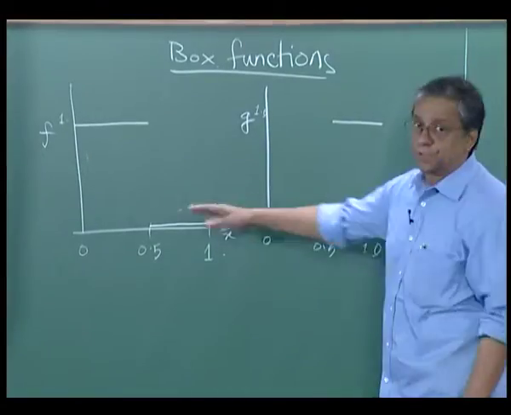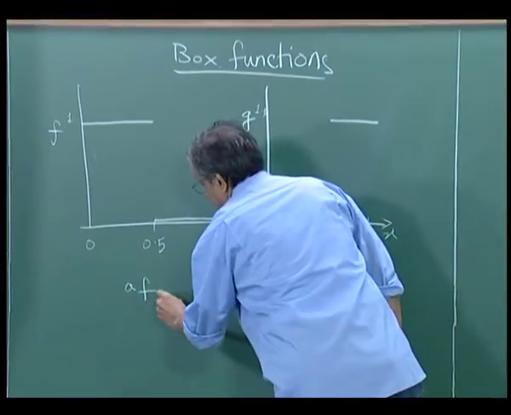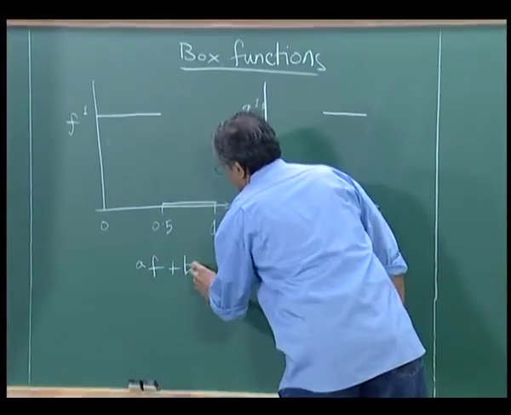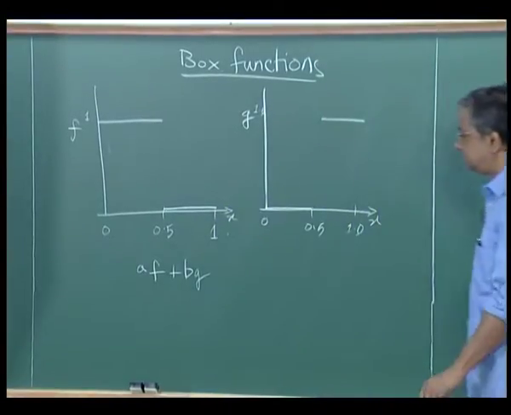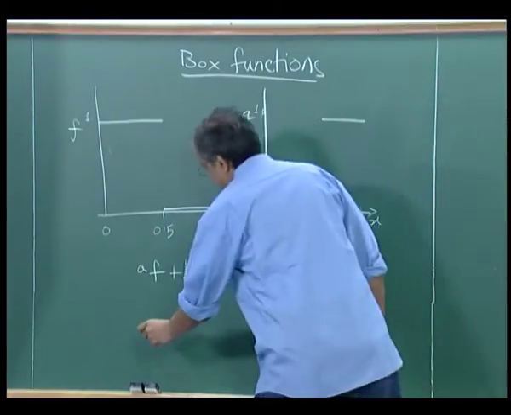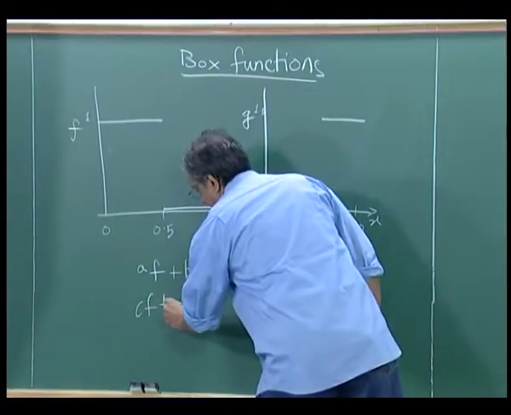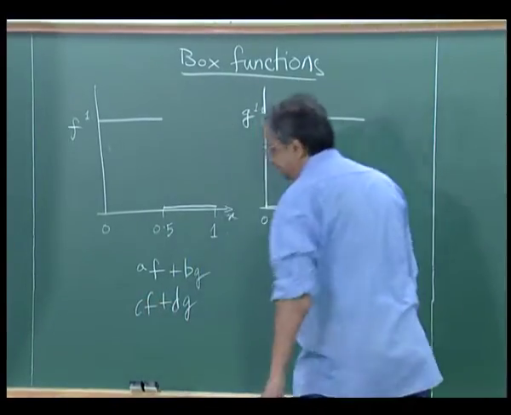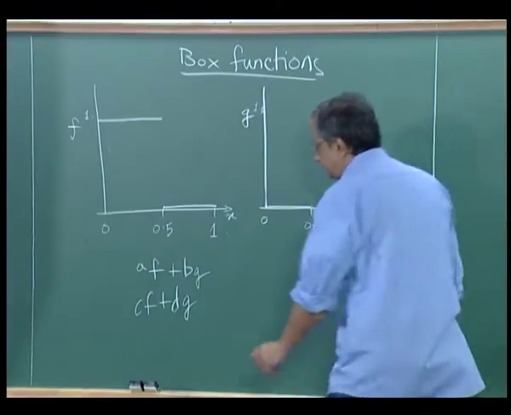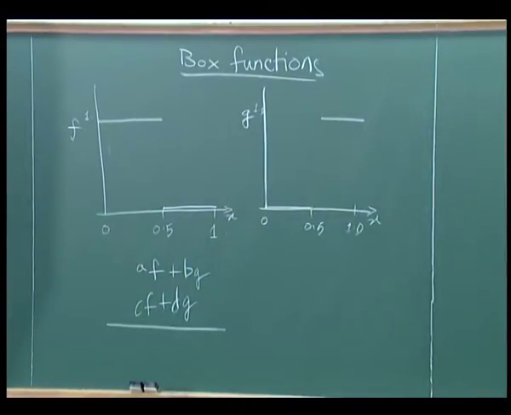If you consider a linear combination of these functions, af plus bg, then just like in the case of vectors, if I took another linear combination cf plus dg, I can add them up since they are defined on the same domain.